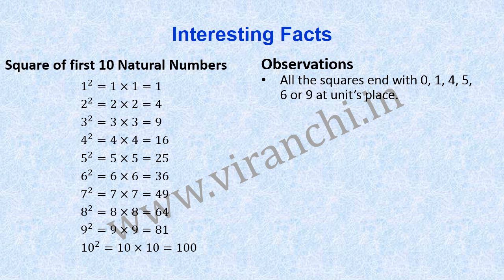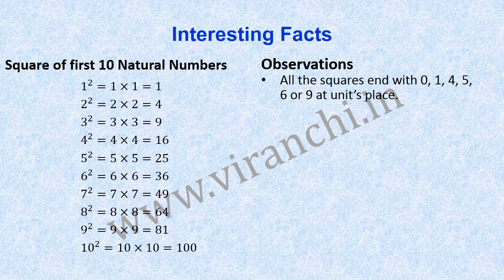Easier approach will be to look for the last digit of the given number and square it. The digit at units place in this square will be the last digit in square of the 10-digit number. That's how you can save quite a lot of time and effort. There is one more use of this observation which you will realize while we solve some problems.